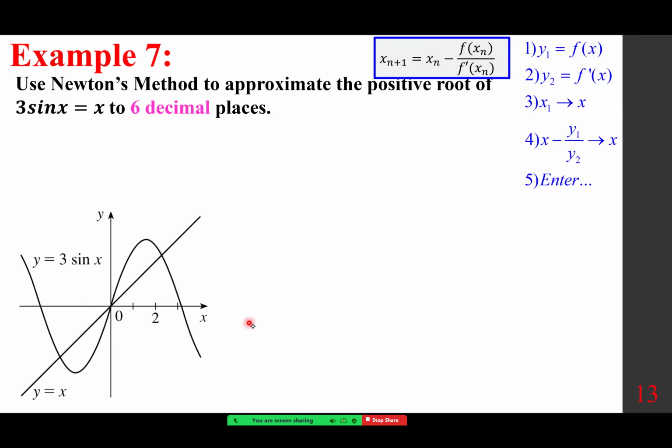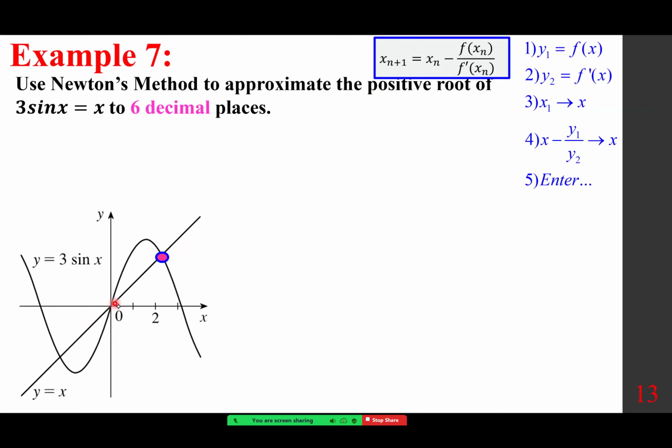And points of intersection are of interest to us. So this is one way to do it. Graph 2 functions. One is the left side, one is the right side. And we are interested in finding this one, because we want the positive root. This is positive, this is negative, this is obviously 0.